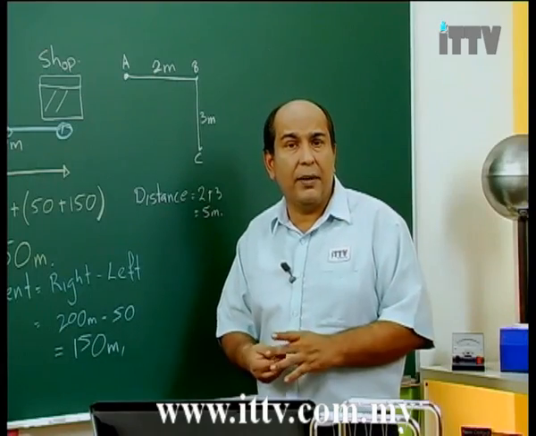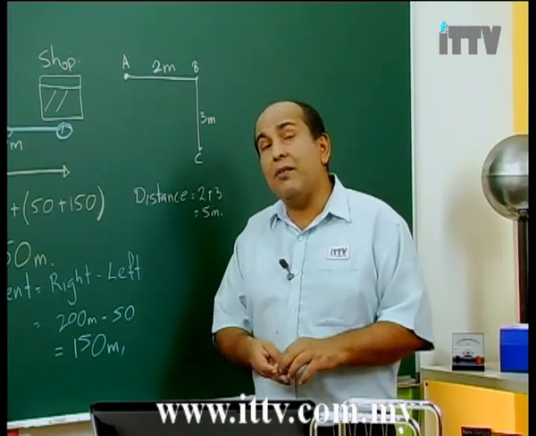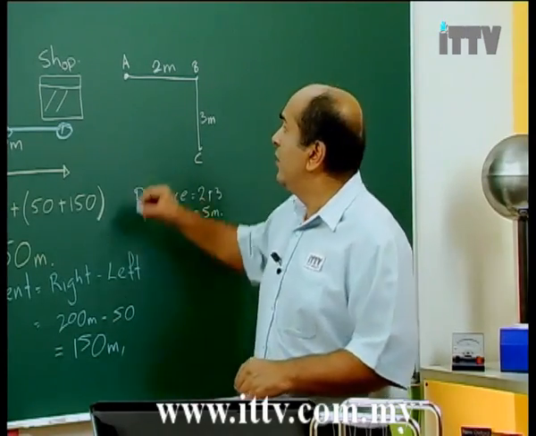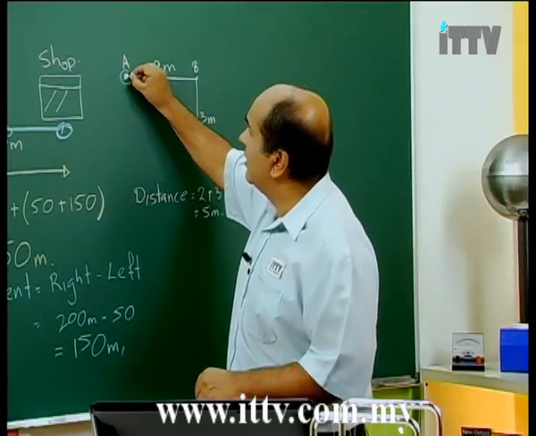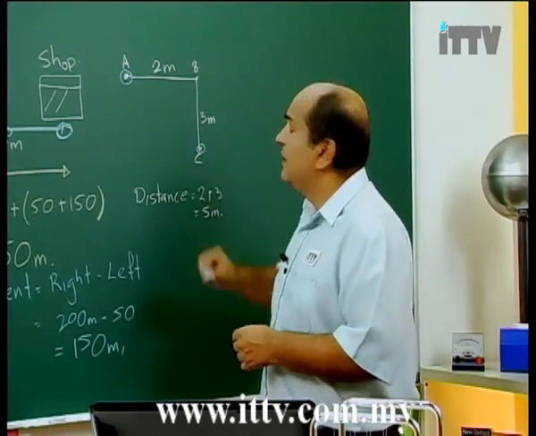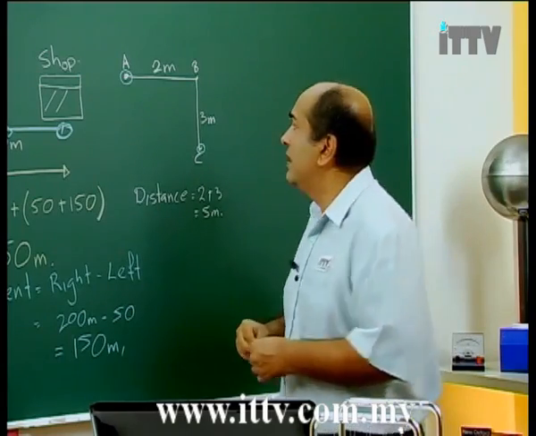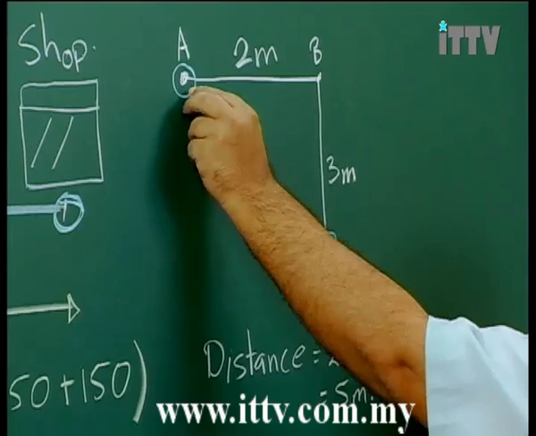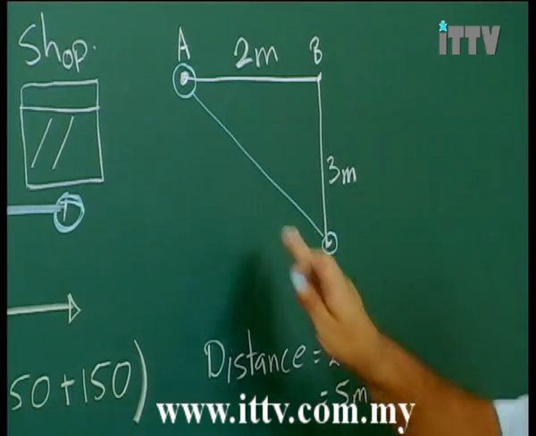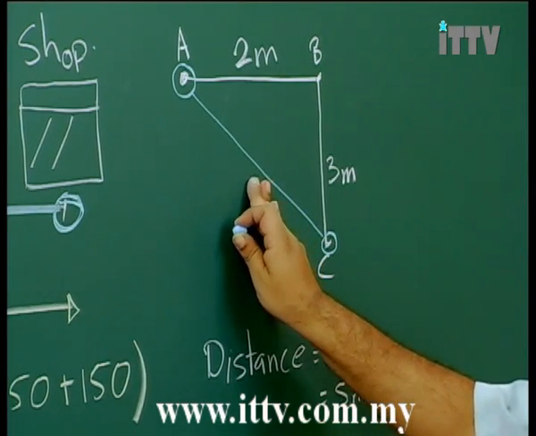Nothing too complicated about that. But what about the displacement? Now, really, what we've done is we started here and we finished here. So the displacement is actually a direct line connecting these 2 points, like so. That would represent your displacement.